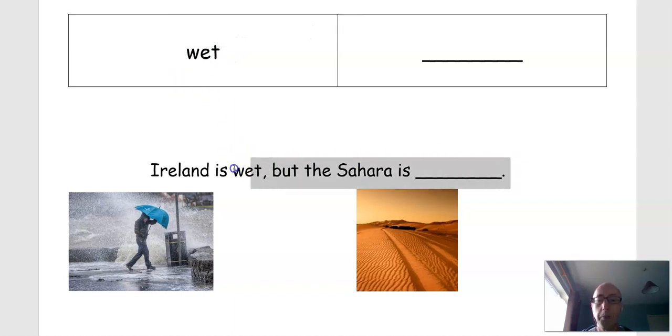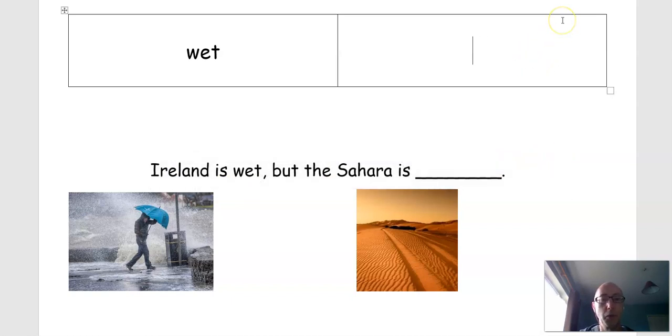Ireland is wet, but the Sahara is... What's the opposite? It's a small word. 3 letters. Begins with D. Dry. Exactly. So Ireland is wet, but the Sahara is dry.